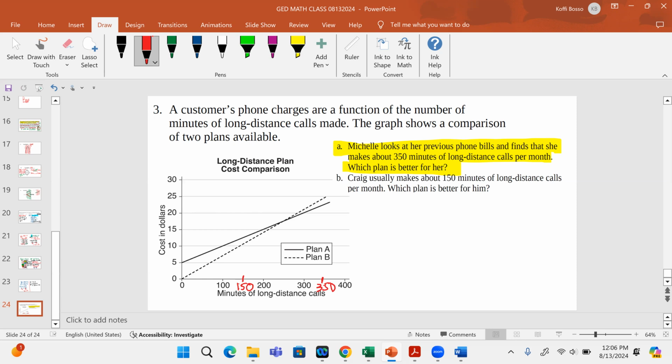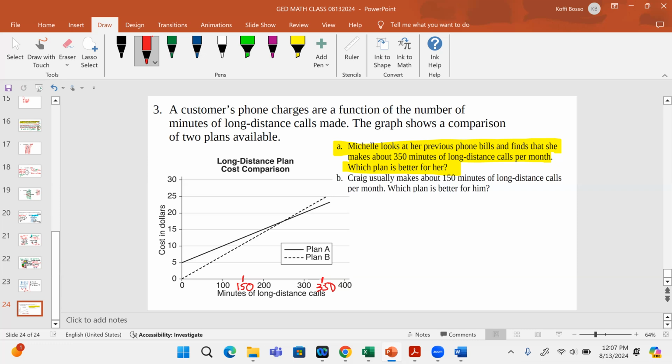These numbers represent what? Minutes of long distance call, minutes. So at the bottom here, 100 minutes, 200 minutes, and so on. So the vertical line, the up and down, is the cost, so how much you pay.